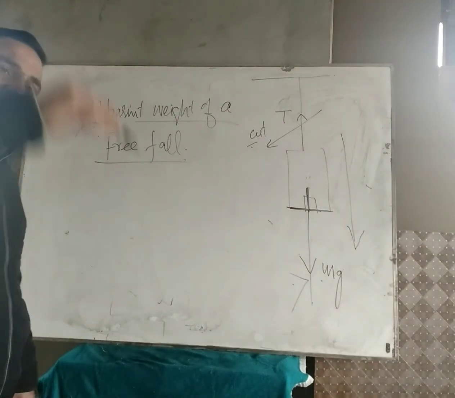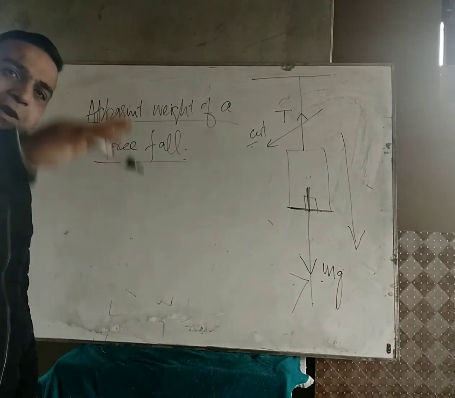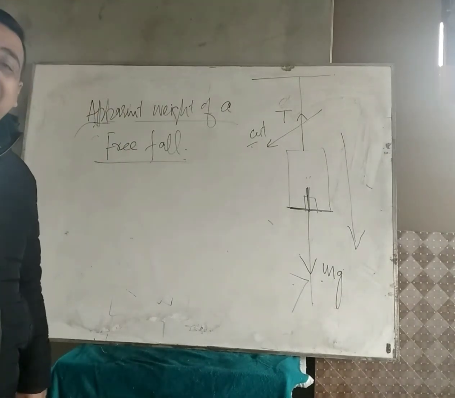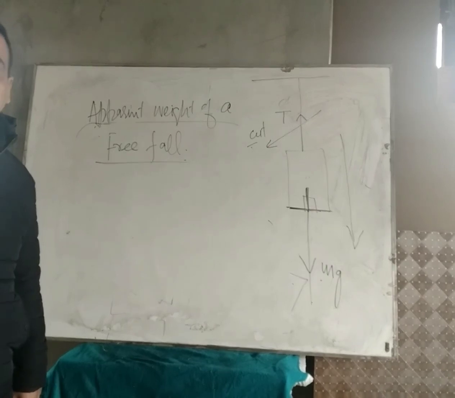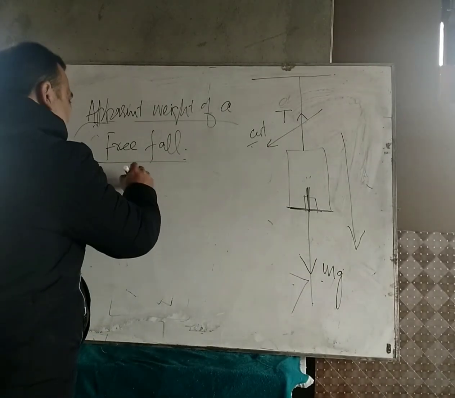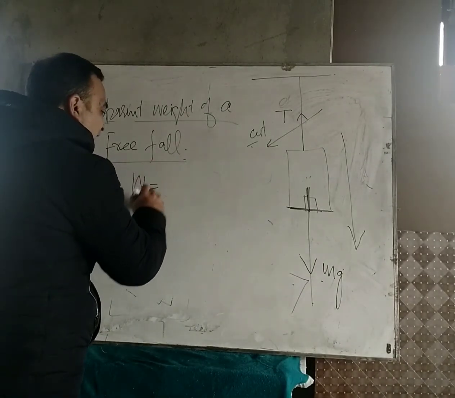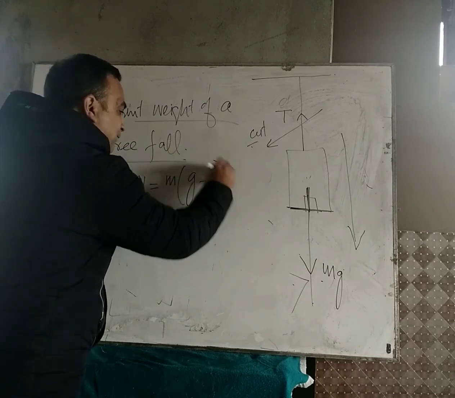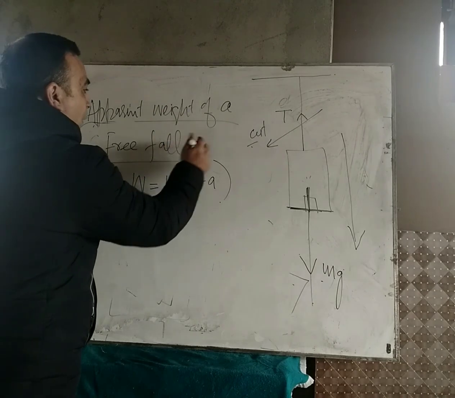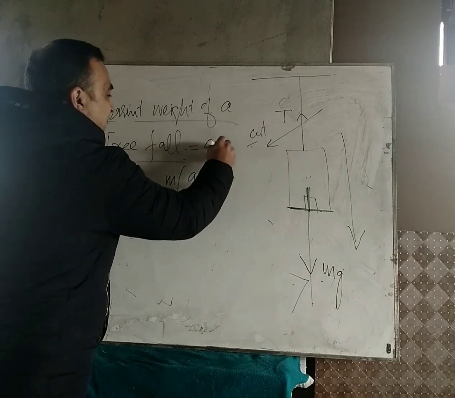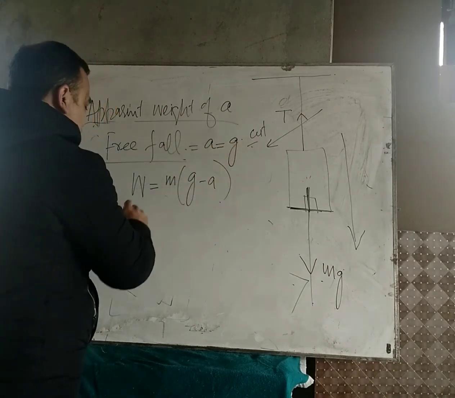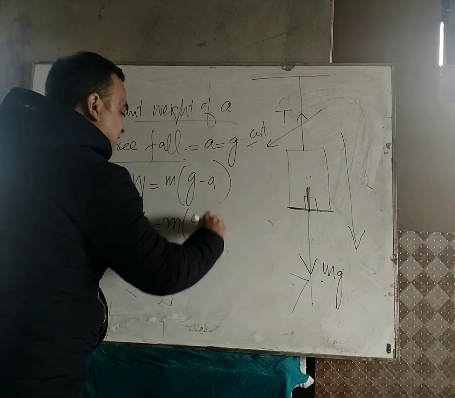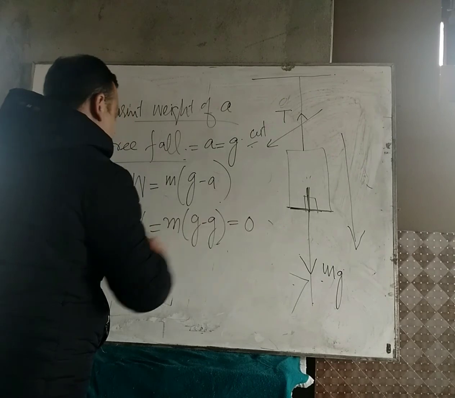That means the acceleration with which the lift is falling and the person in the lift is falling, these two accelerations must be the same as the acceleration due to gravity. So what was the apparent weight for a falling lift? It was m times g minus a. But when you have a free fall, this a must be equal to g. So W in this case is m times g minus g, that is equal to 0.